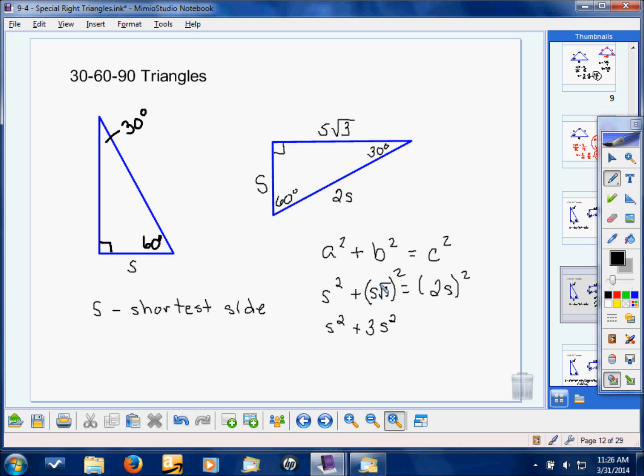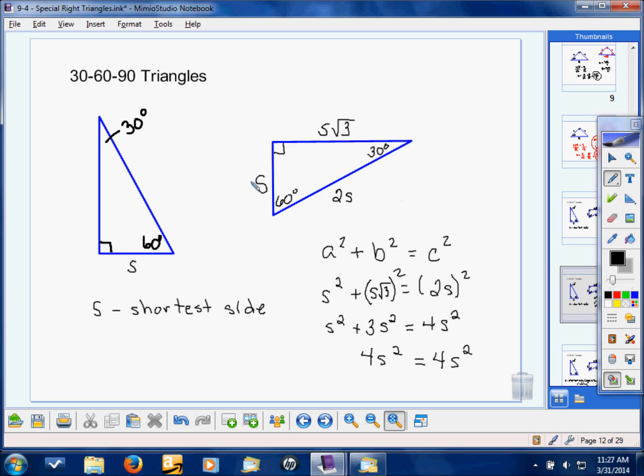Square root of 3 times square root of 3 gives you 3. Remember, any square root squared gives you that number. Okay. So, Luke, how much is 2s squared? 4s squared. And look at this. 1s squared plus 3s squared does equal 4s squared. So, this will always work.